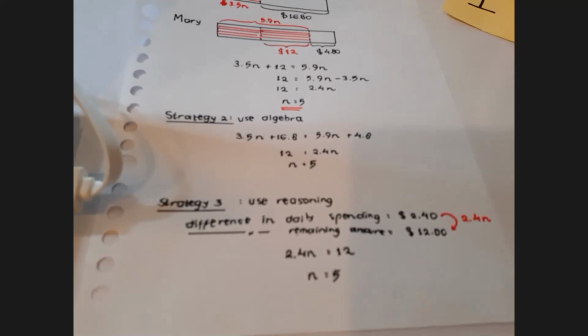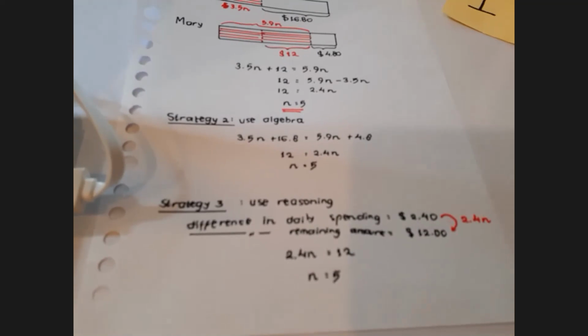Use reasoning. Because you know the difference of the amount of money between the two people in the end is $12. And you also know that the difference between the daily spending is $2.40. Somebody is spending $2.40 more than the other. So you know the remaining amount must relate to how much they are spending each day, right? So that's how you can use it. So $2.40 times N should give you 12, and N equals 5.